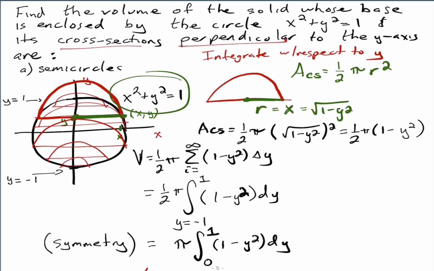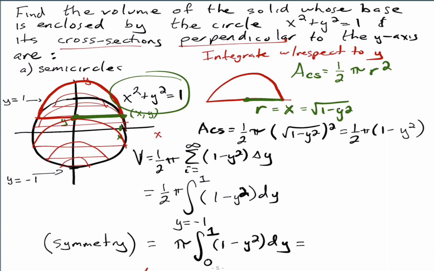You guys see that? So instead of going from -1 to 1, we'll just do half of it because it's symmetric, and then multiply it times 2. This will help us when we have to plug in the numbers. Instead of plugging in -1 and 1, it's easier to plug in 0 and 1. So it saves us a little bit of time there.